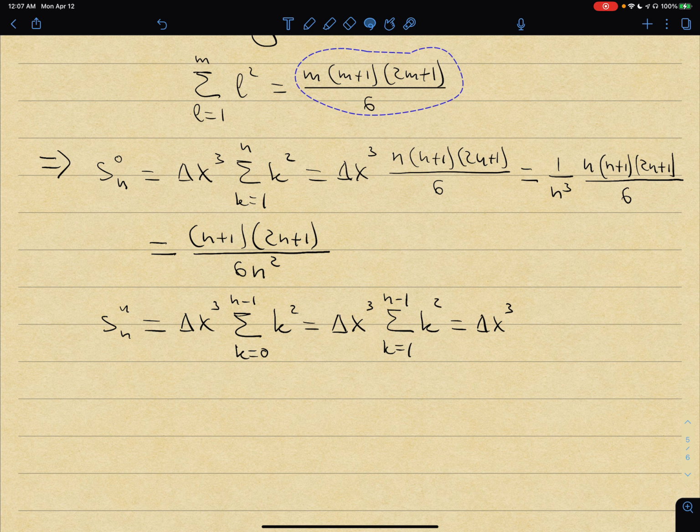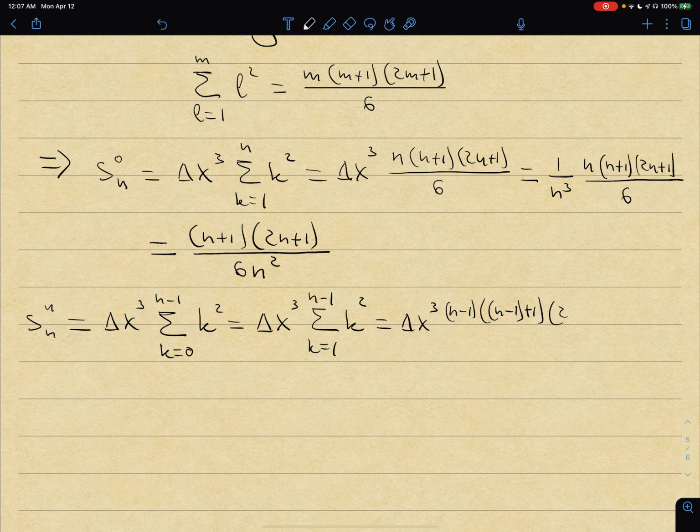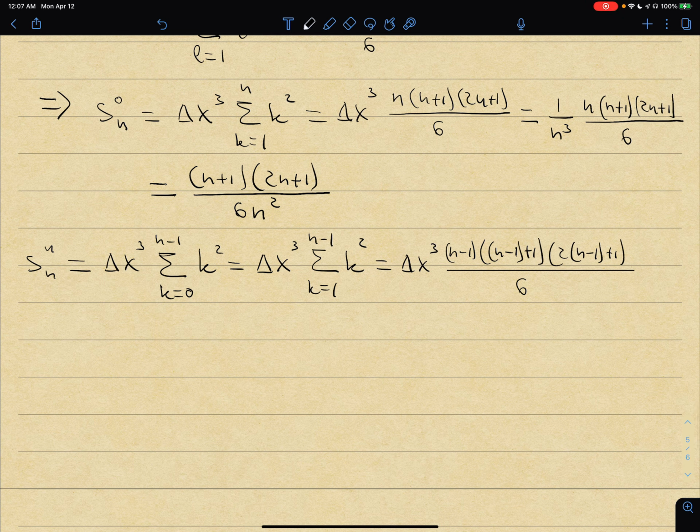That's n minus 1, then n minus 1 plus 1, and then finally 2 times n minus 1 plus 1, divided by 6. And then just like in the case of the overestimation, delta x is 1 over n, so delta x cubed is 1 over n cubed.